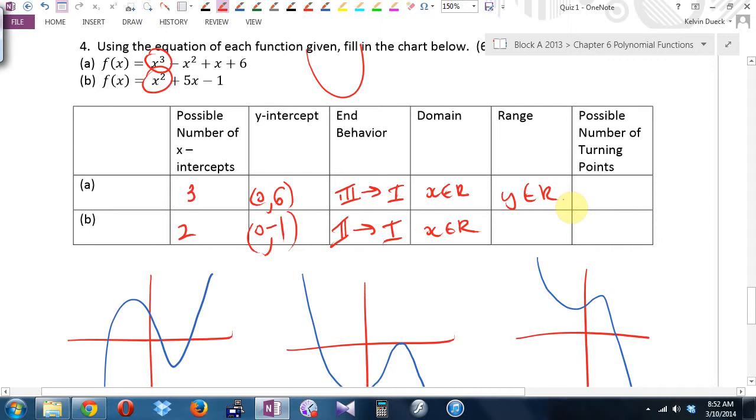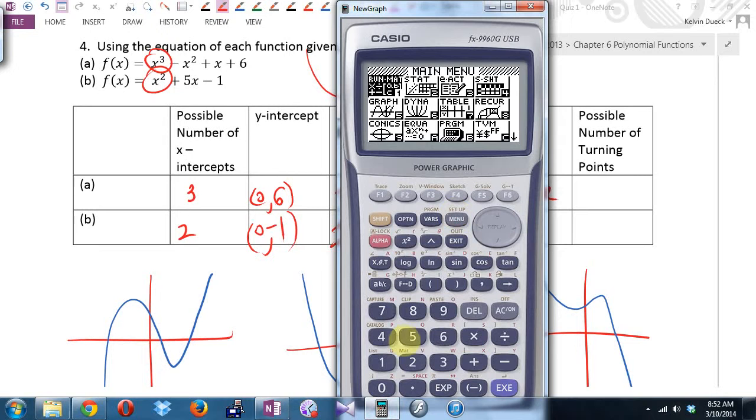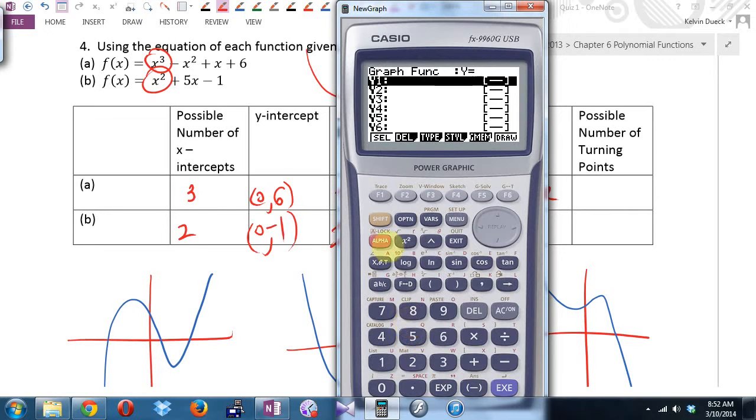Range of this one. I need to graph it. So I'm going to graph x squared plus 5x minus 1. I'm going to go Shift, View Window, View Window Standard. This is my usual start.